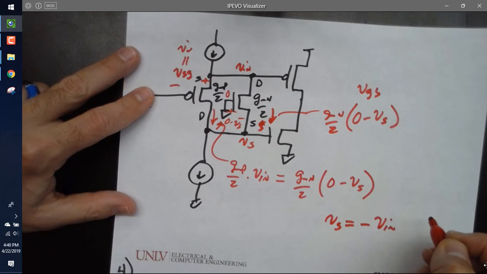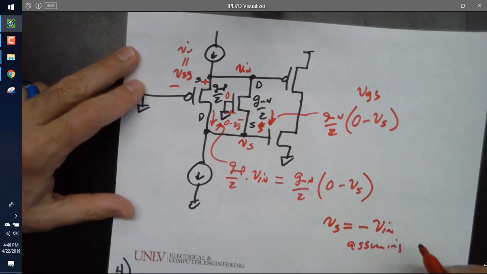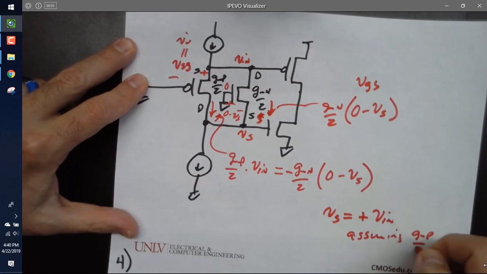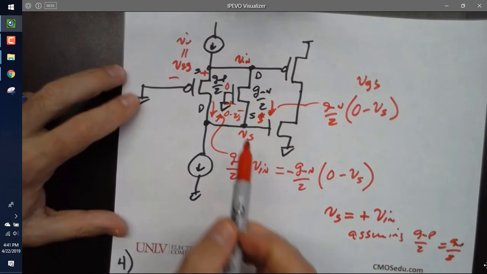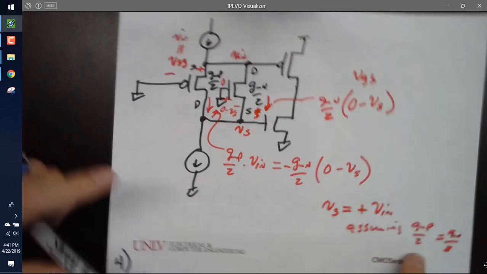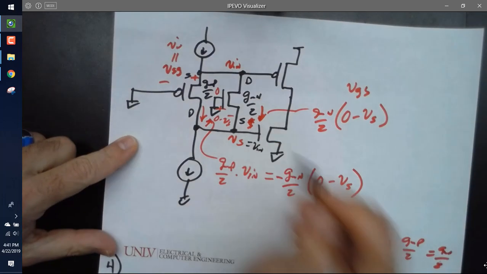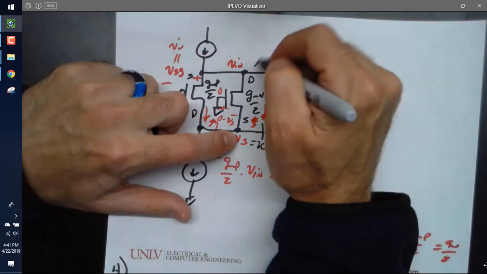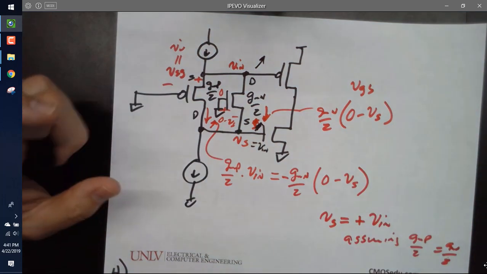If I get it right, I've got a minus sign here, assuming GMP over 2 equals GMN over 2. I'll do it again because I think this is confusing. But the key takeaway here, and this is a good assumption because of the way I've sized these, is that this is also equal to V in. So when I get a V in here, I get a V in here. So when I said earlier this goes up the same amount, it's correct.